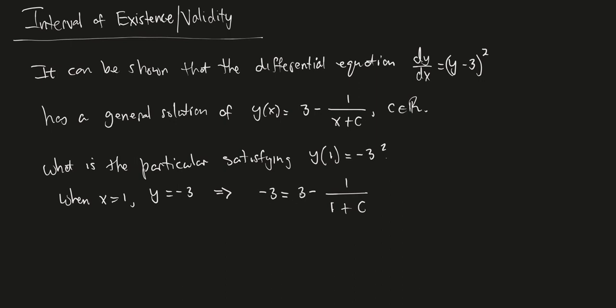So let's subtract 3 from both sides. So we have negative 6 is equal to negative 1 over (1 plus c). Multiply both sides by negative 1. We have this. We can take the reciprocal of both sides.